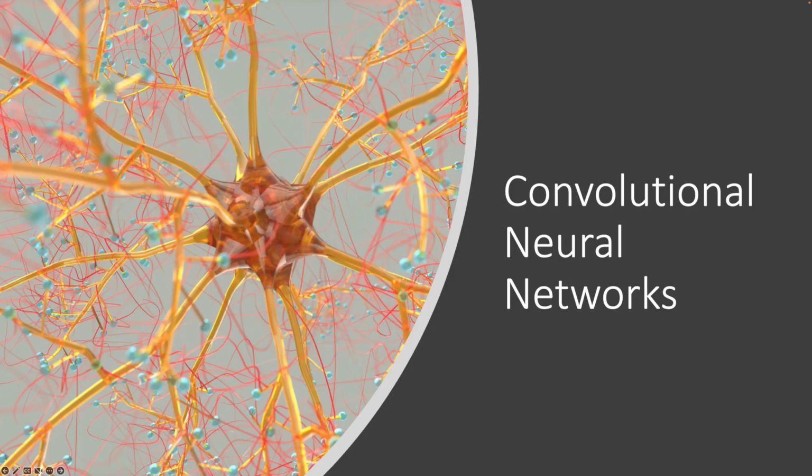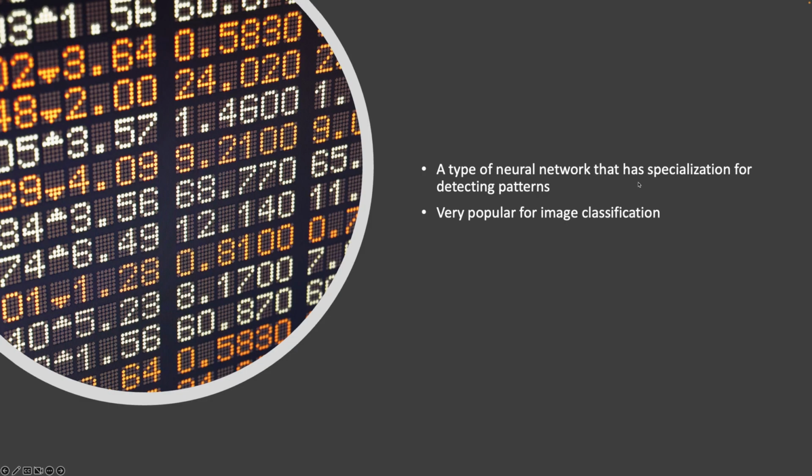Let's talk about convolutional neural networks. All right, so we've talked about these in class already, but this is a specialized kind of network that is going to detect patterns. And what that means is it's not examining the data as a whole.